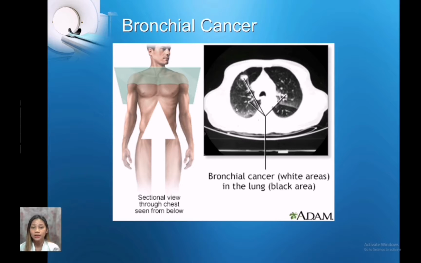Bronchial cancer refers to a type of cancer that starts in the mucous glands and ducts of the lung airways, which are the bronchi, or the windpipe, which is the trachea, and in the salivary glands. So what this disease represents is bronchial cancer, and these white spots here are the representation of the cancer.